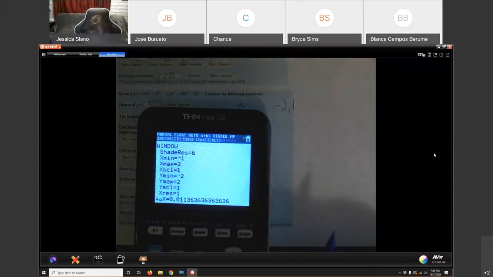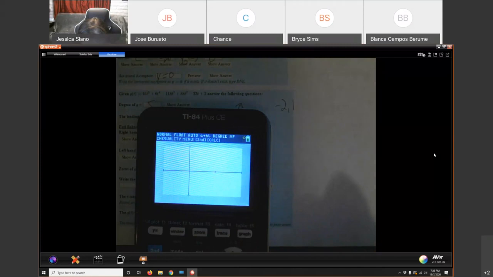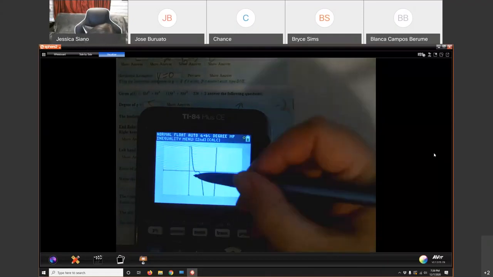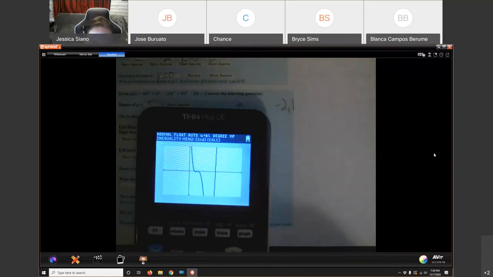Let's get even closer. -1 to 1. It's a little better. It definitely crosses here, and then it comes around and turns here. So it's got two places where it's intersecting with the x-axis there.